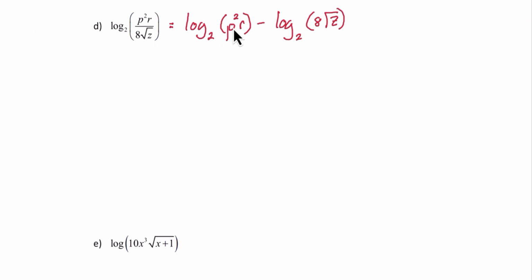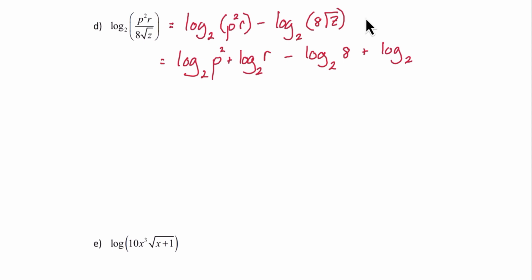Next, we'll take care of the product here and the product in this argument as well. That is log base 2 of p squared plus log base 2 of r minus log base 2 of 8 plus log base 2 square root of z.